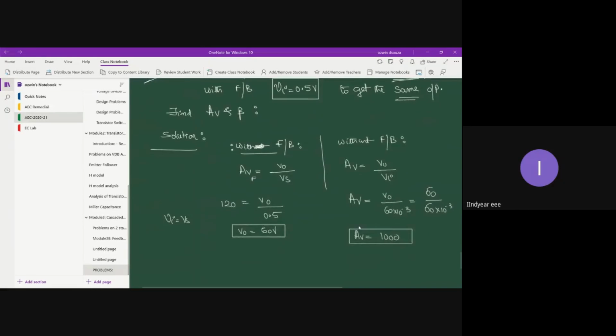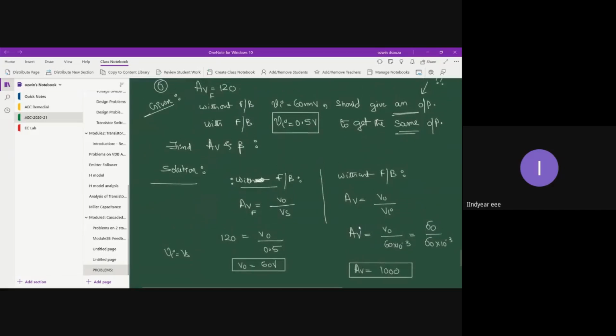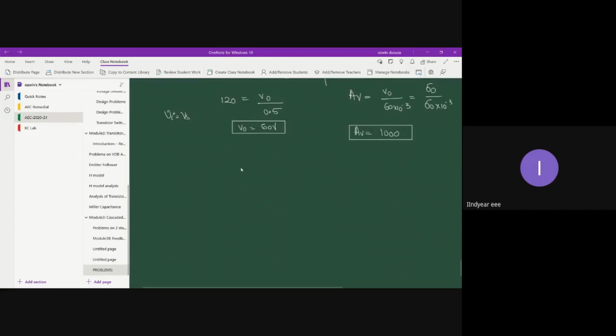Okay, all right. AV is found. Now you need to find out beta. So to find out beta, let us write down the closed loop gain. AF is equal to AV divided by 1 plus AV into beta. So AF is given. So AF is 120, equal to 1000 divided by 1 plus 1000 into beta. So you need to cross multiply.